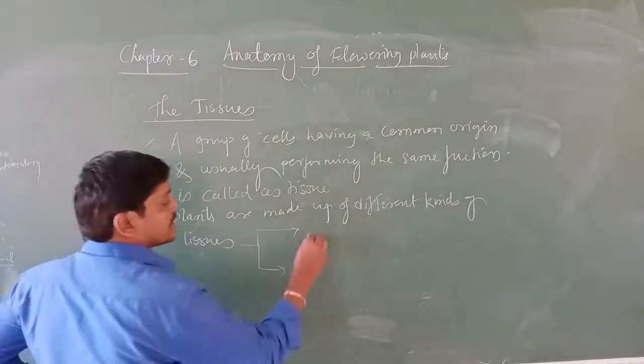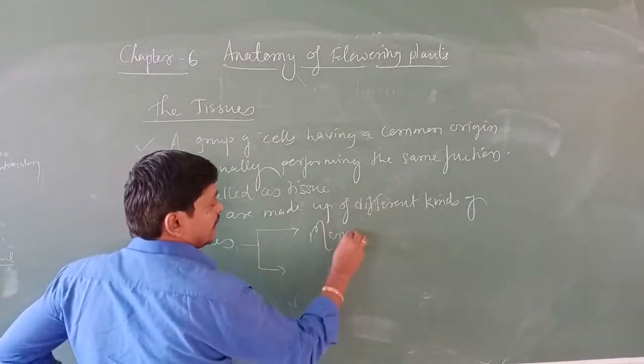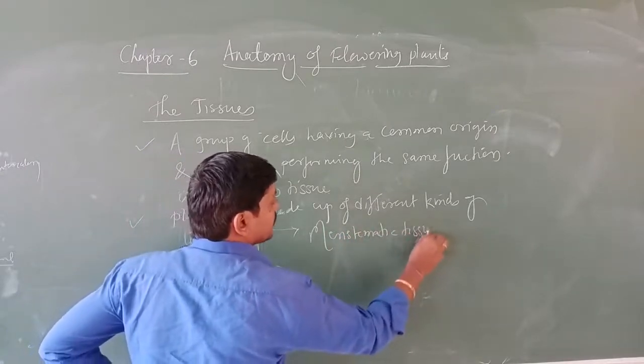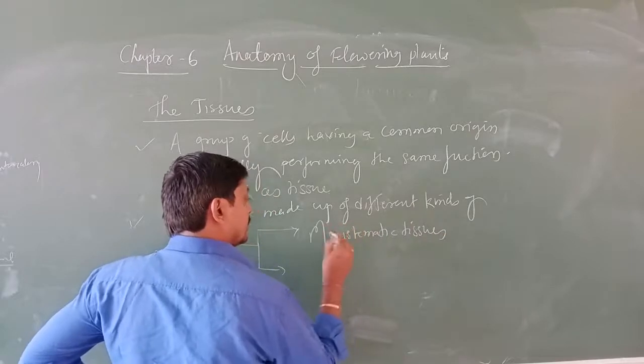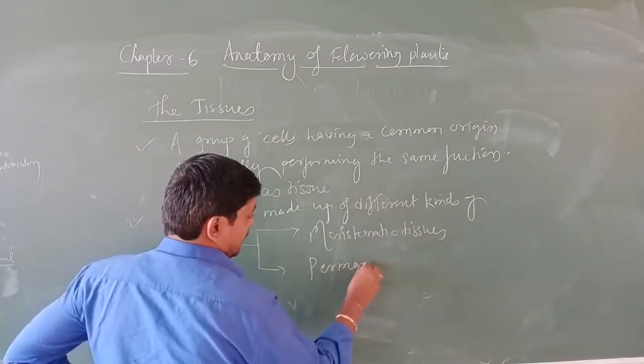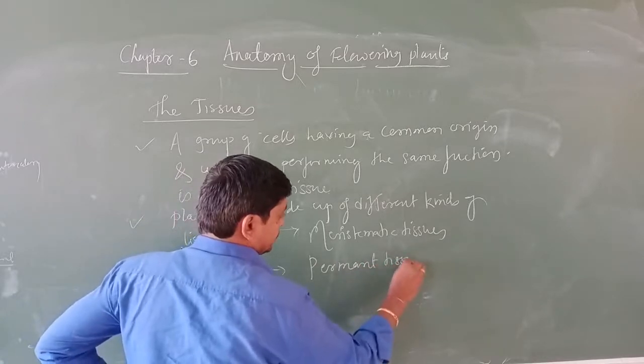What are those? Meristematic tissue and permanent tissue.